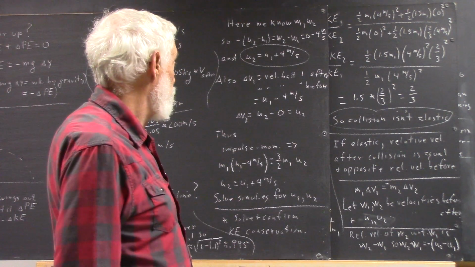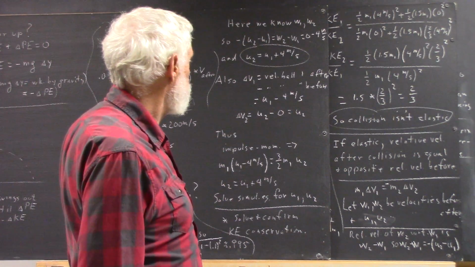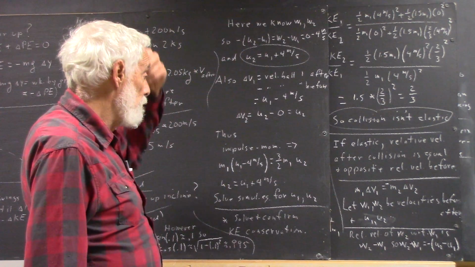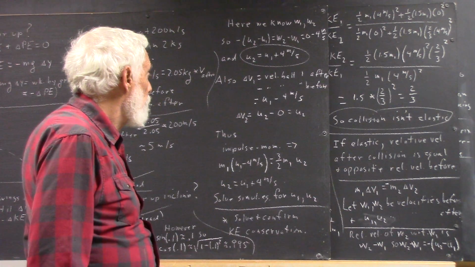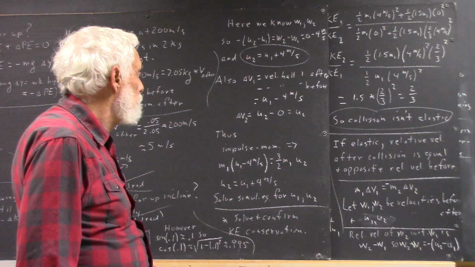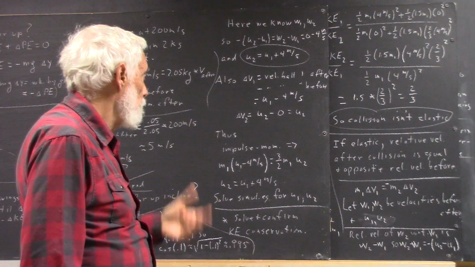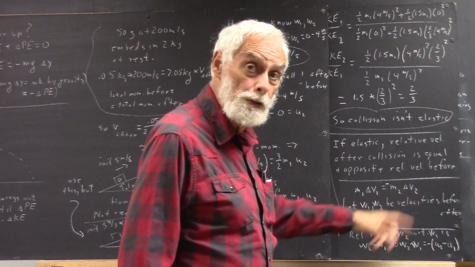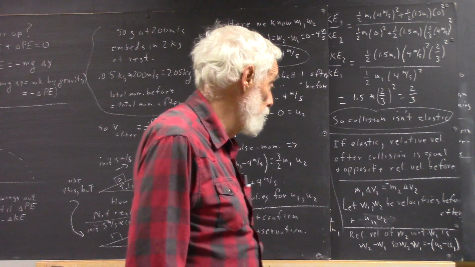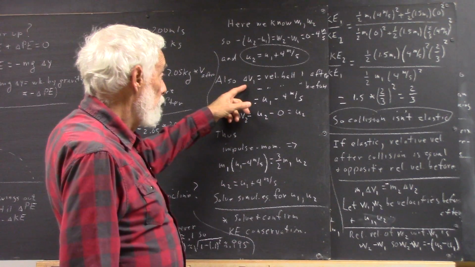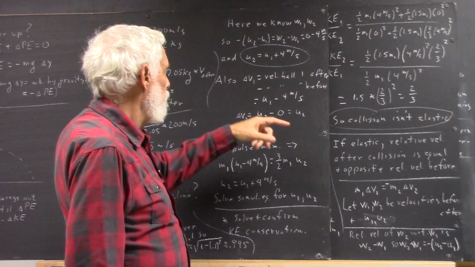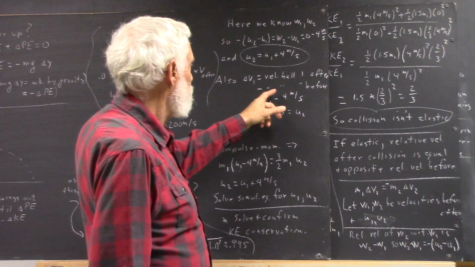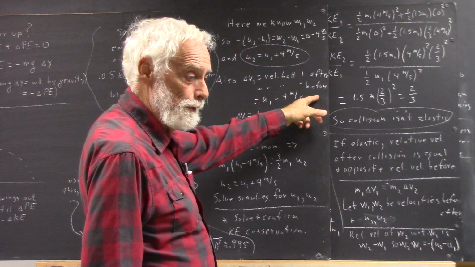We know also the change in velocity of the first object, we don't know that. Delta V1, okay, we're going to use this equation, so we're going to look at delta V1 and delta V2, okay? Delta V1 is the velocity of the first ball after collision minus the velocity of the first ball before collision.